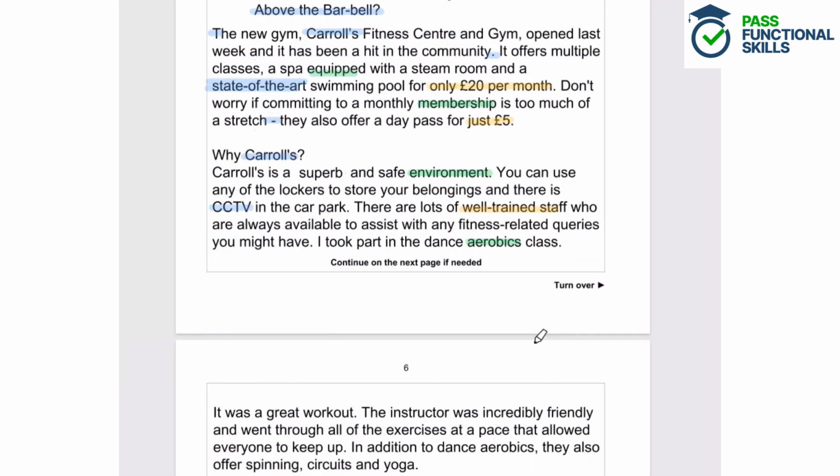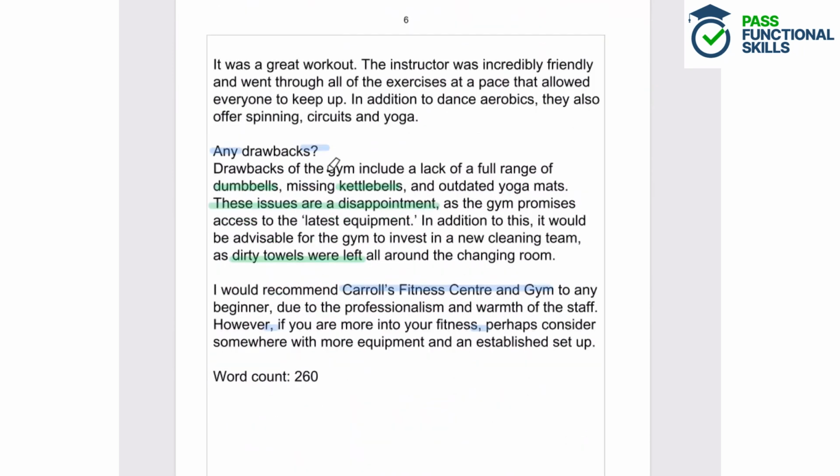We also have disadvantages. So we were told in the question that we need to talk about any disadvantages, and we have any drawbacks that have been mentioned in this paragraph here. We've then got some overall recommendations. So remember that because we're considering the strengths and weaknesses of this gym, we're kind of writing a little bit of a review here.